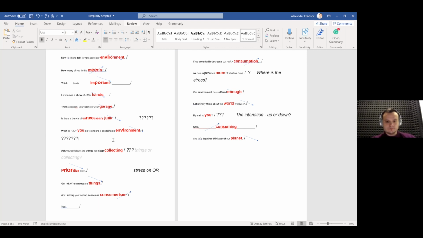So if you were going to choose one other word to highlight in this phrase, which one would it be? Things. Okay, so unbold "ask," unbold "keep," and let's hear that.